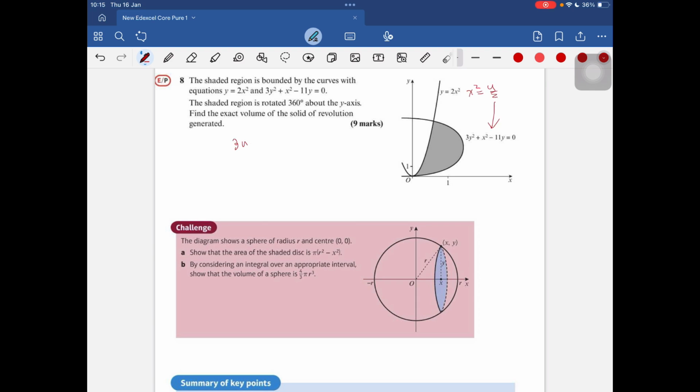So 3y squared plus y over 2 minus 11y becomes 0. So 6y squared plus y minus 22y equals 0. 6y squared minus 21y equals 0. So 3y(2y minus 7), so y is 7 over 2 here.